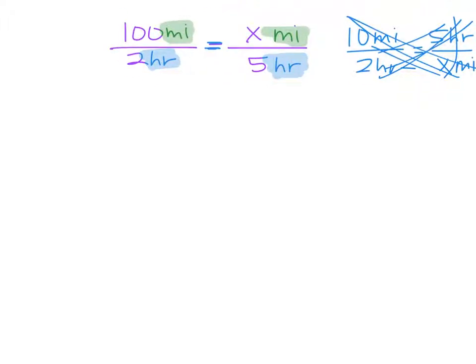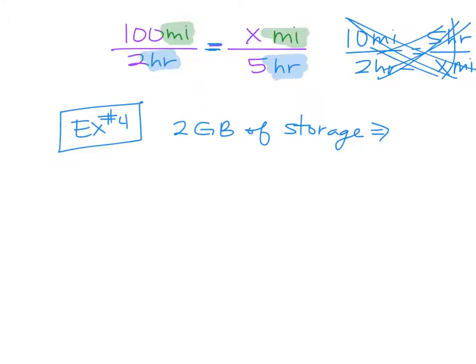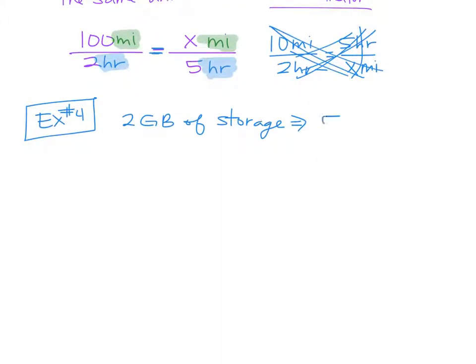With that in mind, here's the type of problem you're going to solve. It says an MP3 player has 2 gigabytes of storage, and that can hold about 500 songs. Okay.